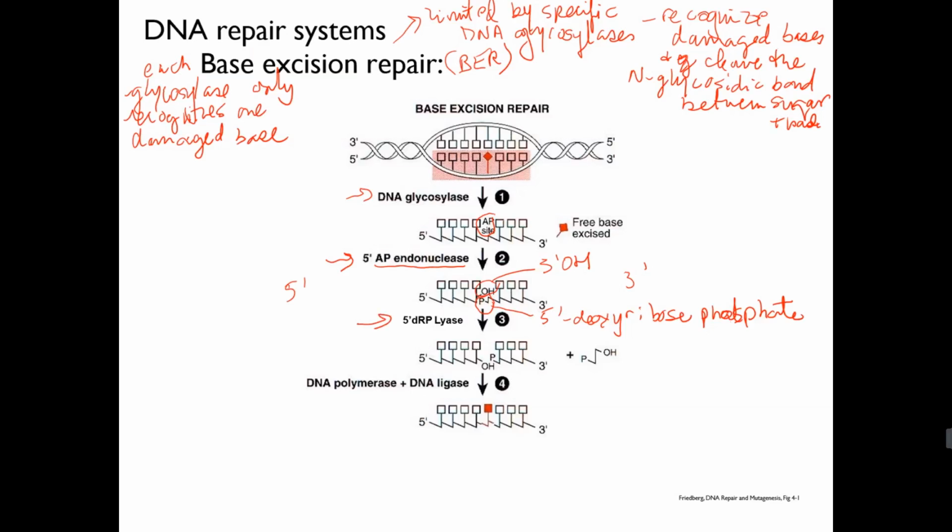And so we have a 5' phosphate, and once this cleavage happens, we're left with that 3' hydroxyl. We've now got a 5' phosphate, and we've released the 5' deoxyribose phosphate.